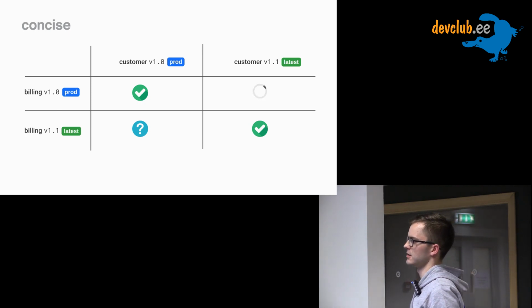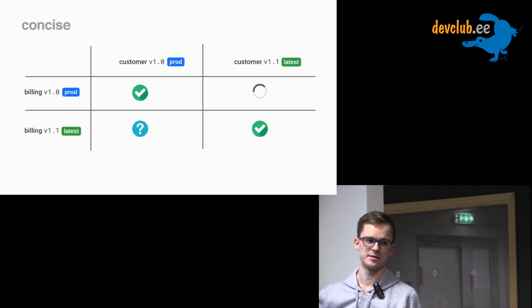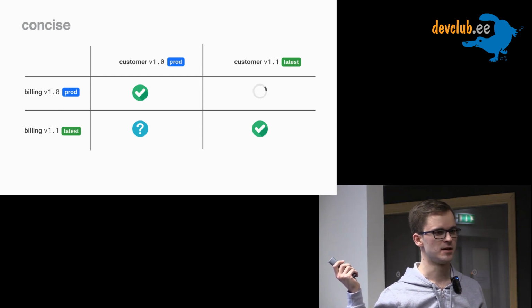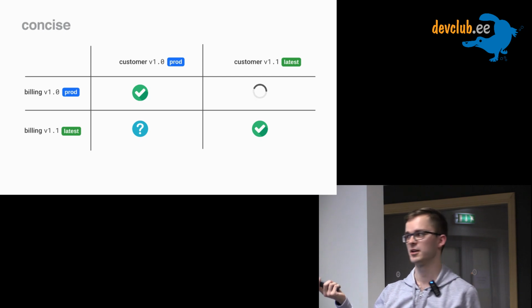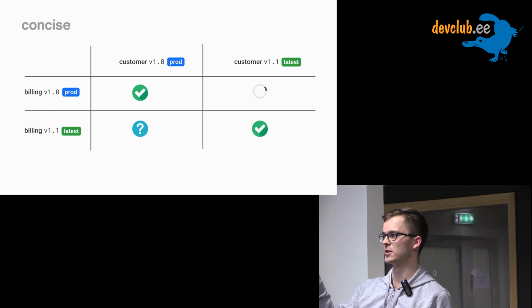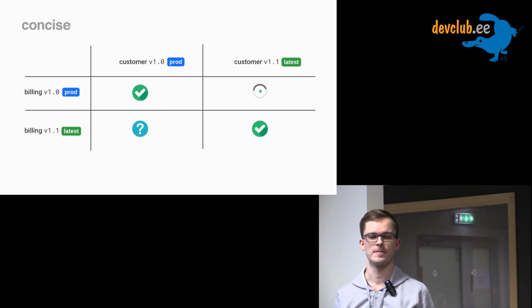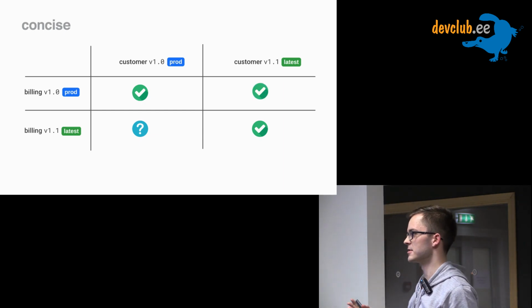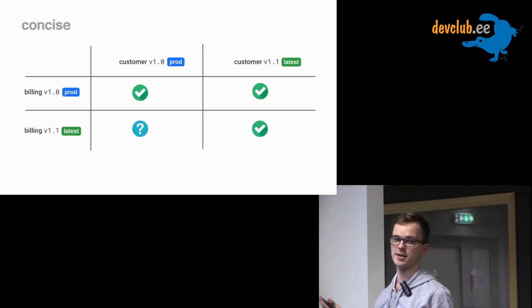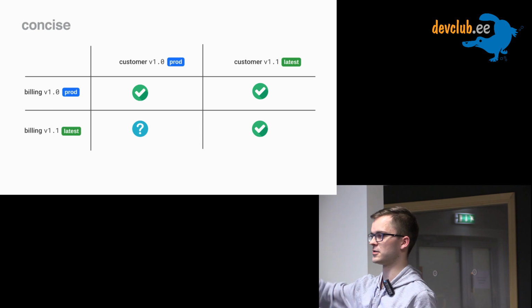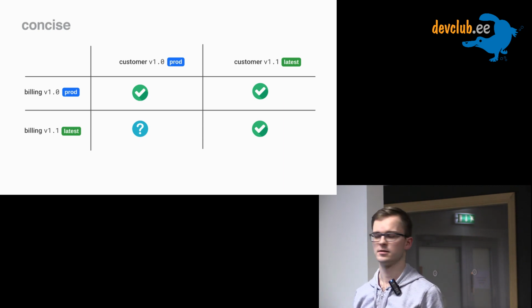How they do that is they check out their latest 1.1 version of customer service, and they ask the Pact broker, give me the Pact that was produced by the 1.0 version of billing. And they run this test. If it passed, then they know that they are safe to deploy their latest changes to production. And this essentially is the Pact matrix.